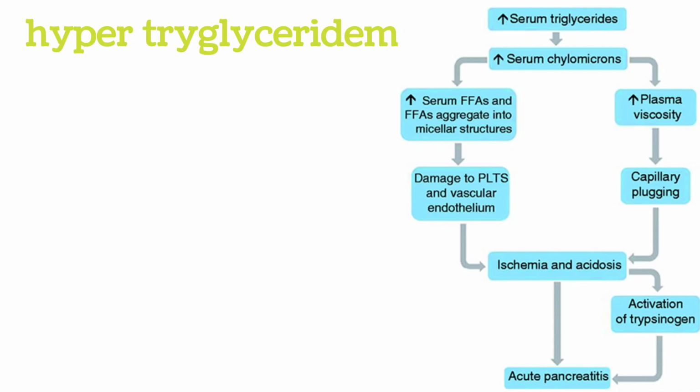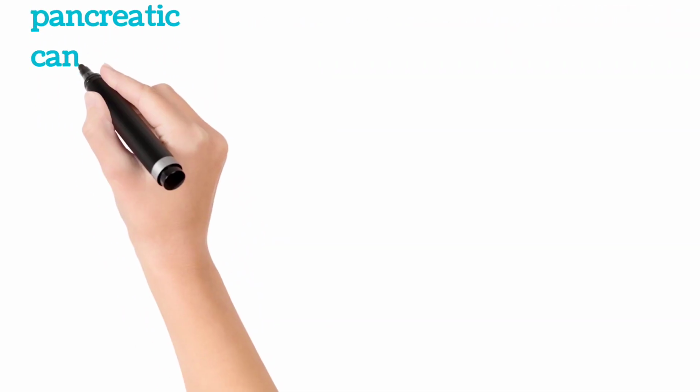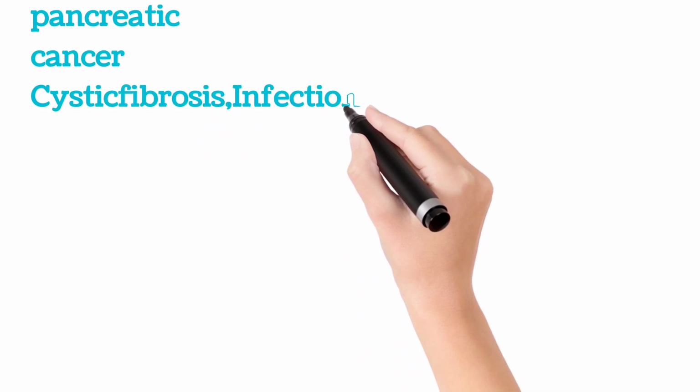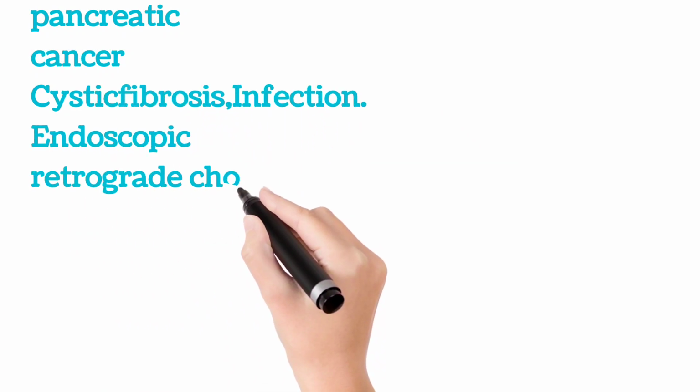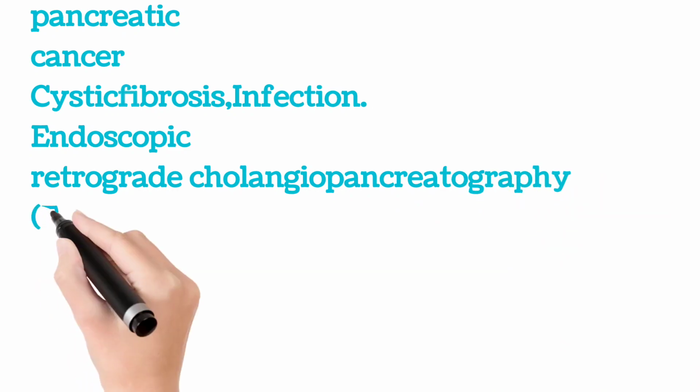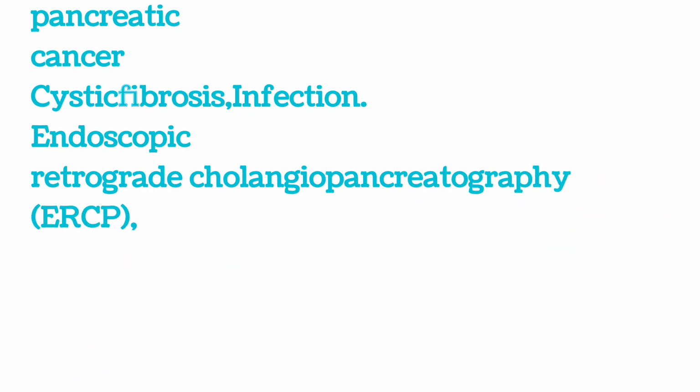Then pancreatic cancer will obstruct the duct, and cystic fibrosis, a CFTR gene mutation, leads to sluggish flow of the pancreatic juice. Infection can be caused by endoscopic retrograde cholangiopancreatography, one of the main procedures to extract a stone from the ampulla of Vater.